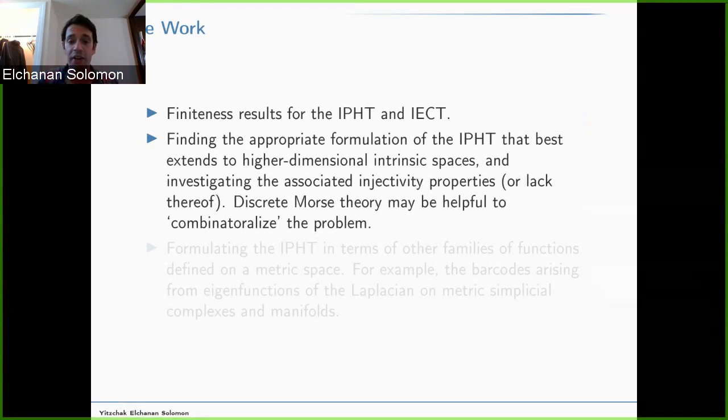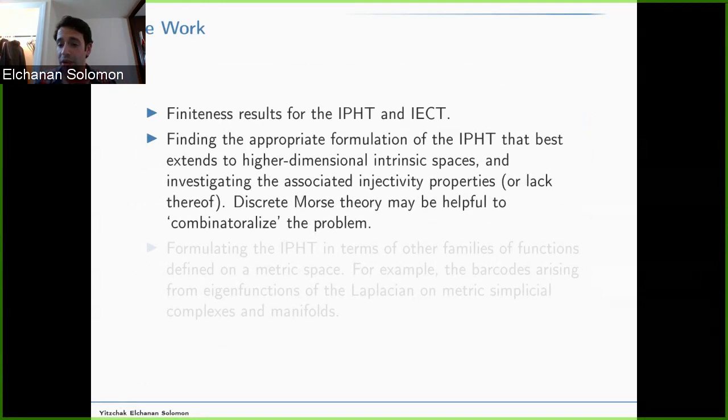The next direction is, metric graphs are a good place to start because they, in a sense, are very general. You could take a complicated mesh and take its one skeleton, and that's going to be Gromov-Hausdorff close to the original mesh, but at the same time, you're not capturing any higher dimensional homological information.